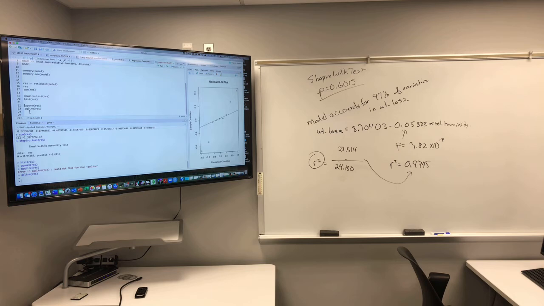Is the question, why do we get non-significant? Why do we get a non-significant result when it looks from the plot like there's some stuff jacked up with our normality? You have outliers at the top end and outliers at the bottom end.